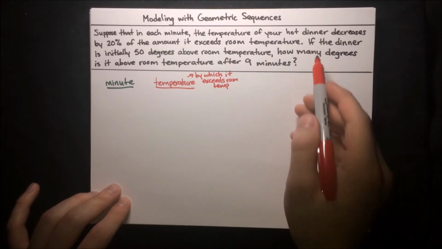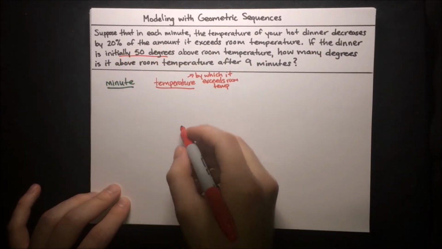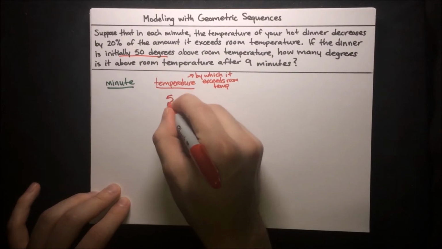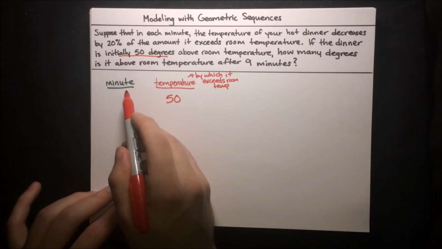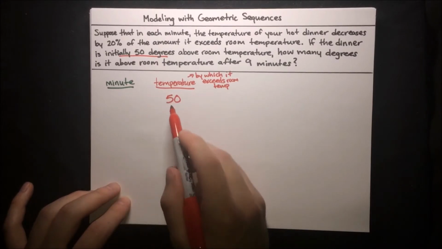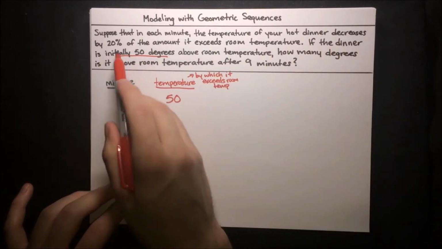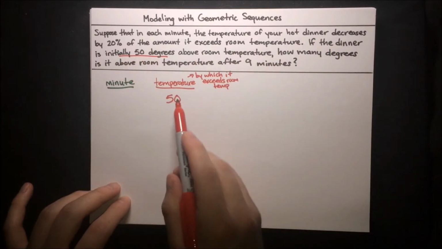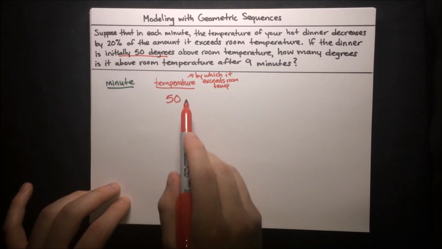Okay, so it says the dinner is initially 50 degrees above room temperature. So that'll be our first temperature here. But that's not actually the first minute because no time has passed yet. The temperature after the first minute we get by applying this rule. It decreases by 20% of the amount it exceeds room temperature. So we have to decrease this number 50 by 20%.